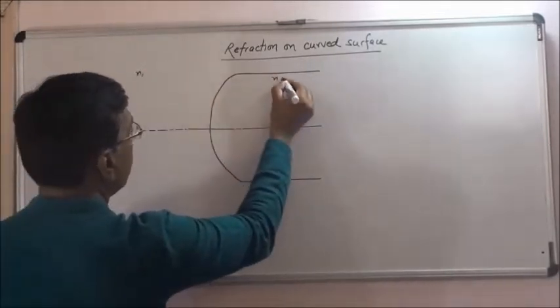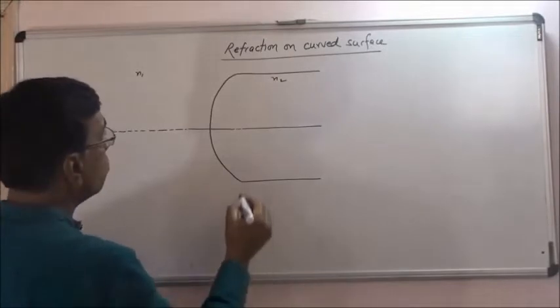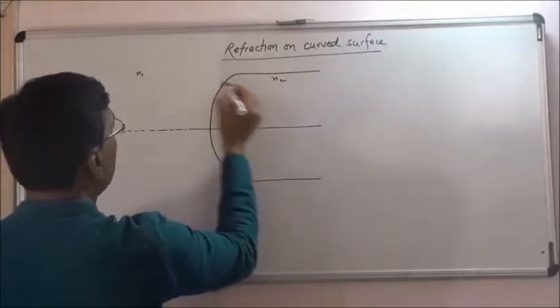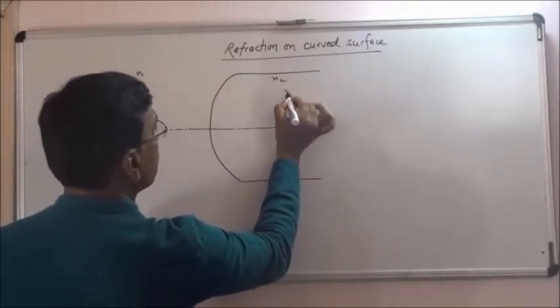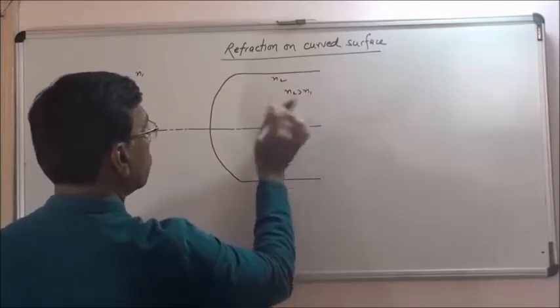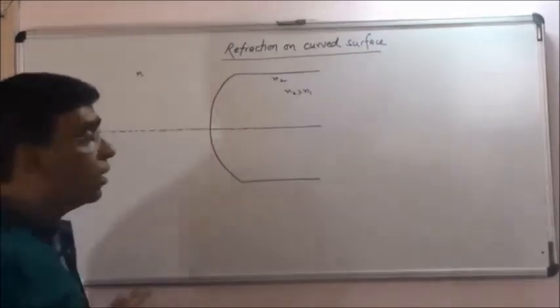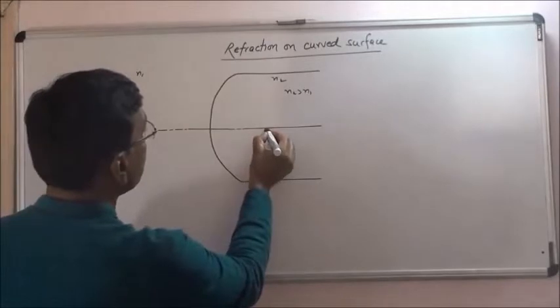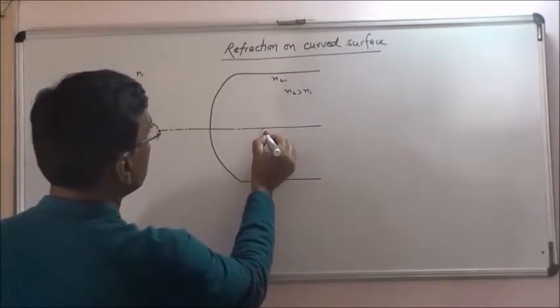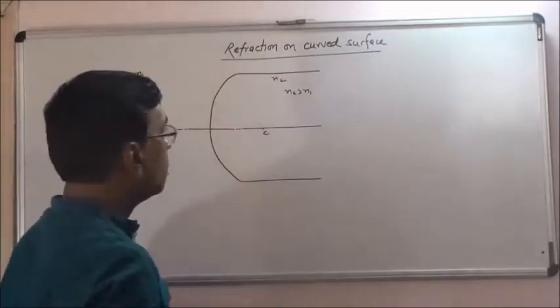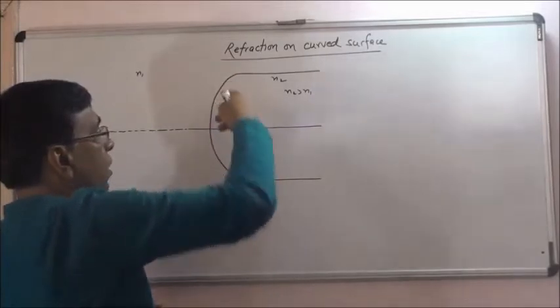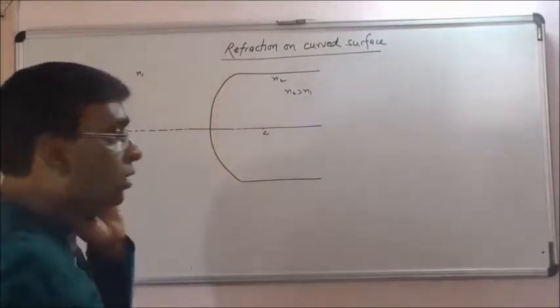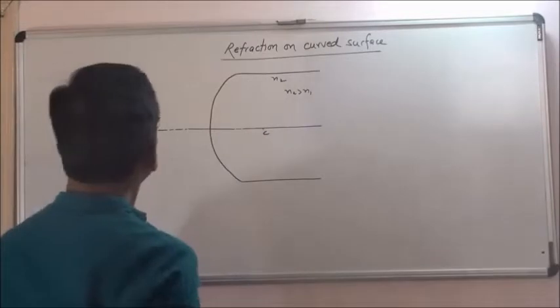N1, N2 are the refractive indexes of the two media, and let us say N2 is greater than N1. So this medium is denser than this. Then C may be the center of curvature of this curved surface. A spherical surface we are taking, so this will be the center.